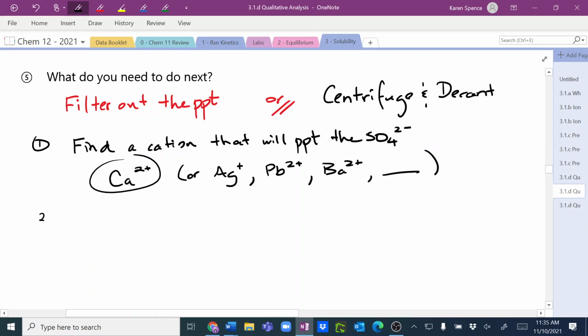What do we do after we've picked our ion? Find its partner. Who would you like to partner up with calcium 2+? Nitrate.